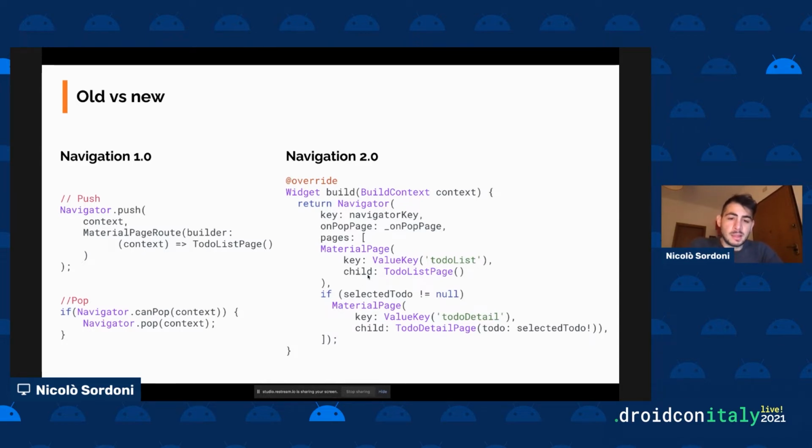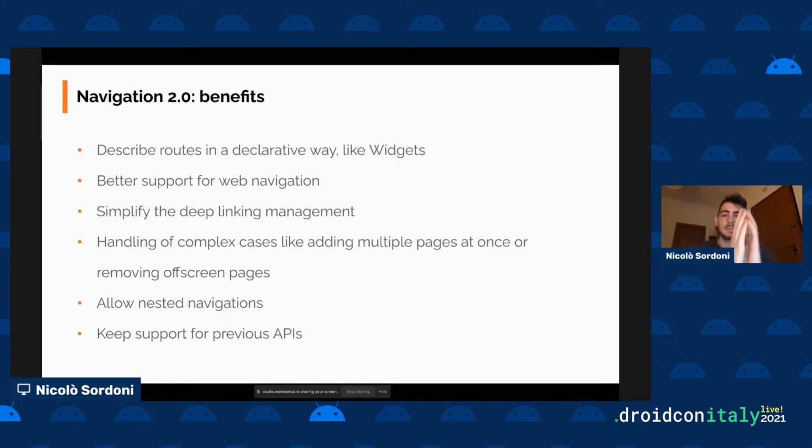So as you can see, it is a declarative approach, and it works in the same way that everything else works in Flutter. It has the same structure as the widget tree, containing the pages that must be shown on the screen. So it's much more Flutter style than before. And that's the first big benefit of Navigator 2.0.